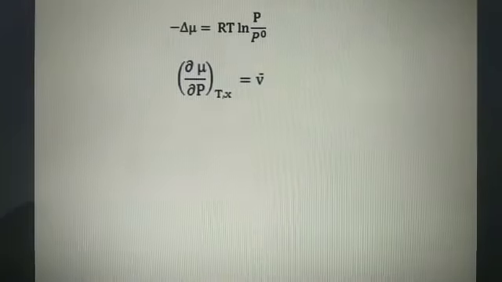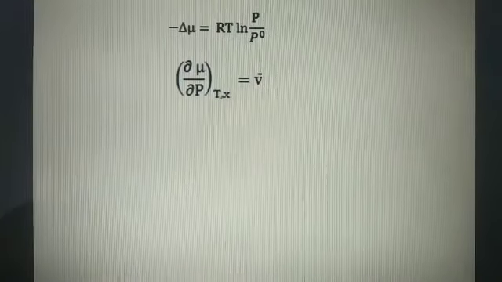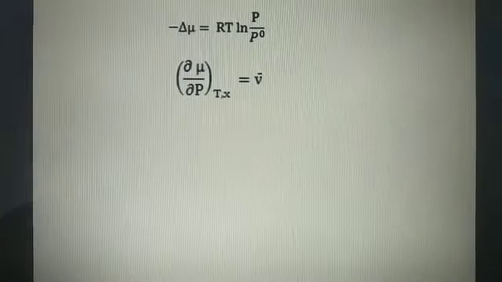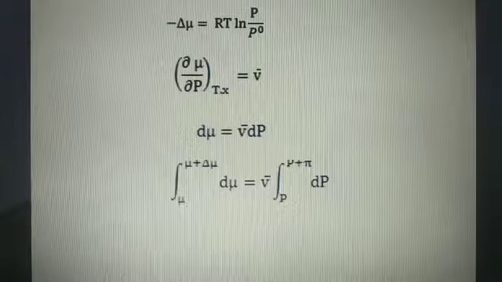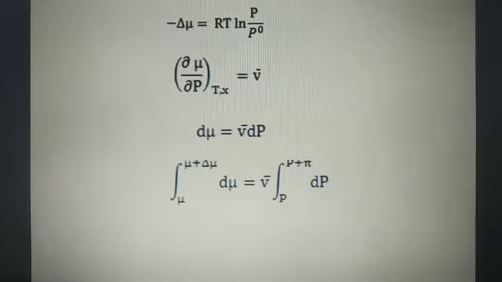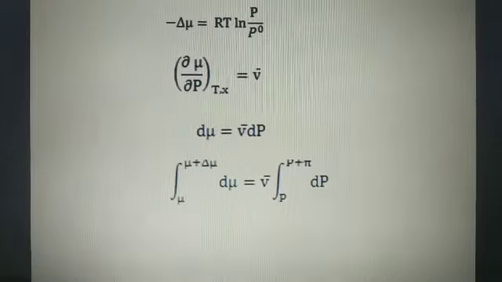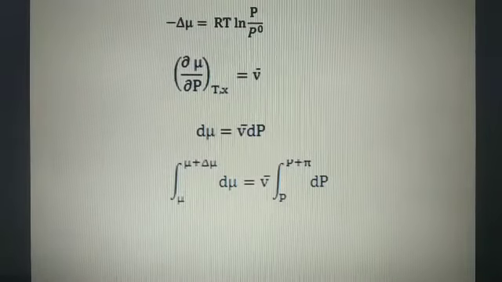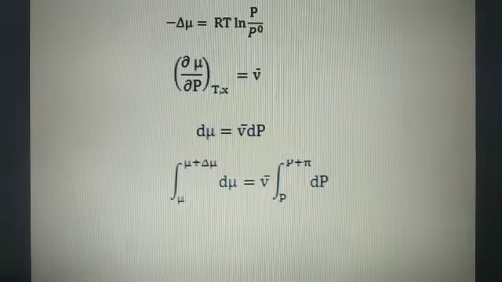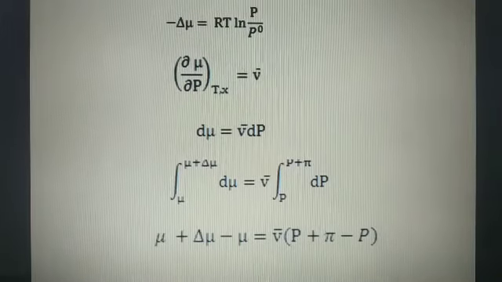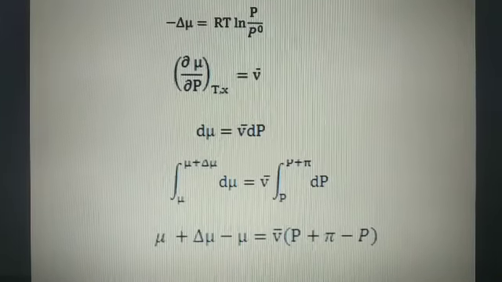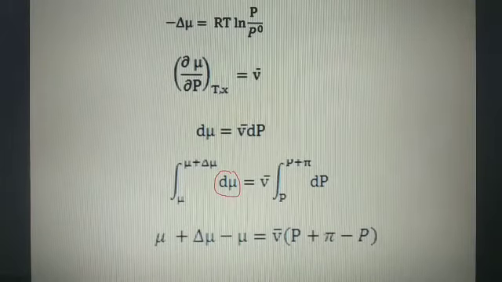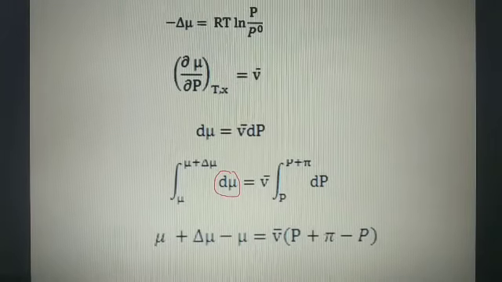And we also know that the variation of chemical potential with respect to the pressure is equal to the partial molar volume. Let us separate the variables. It is d mu is equal to V bar into dp, integrated within the limits mu to mu plus delta mu for d mu, and p to p plus pi for dp. So when the integral is solved, it is mu plus delta mu minus mu, because the integral will be the upper limit minus lower limit, that is equal to V bar, it is p plus pi minus p.